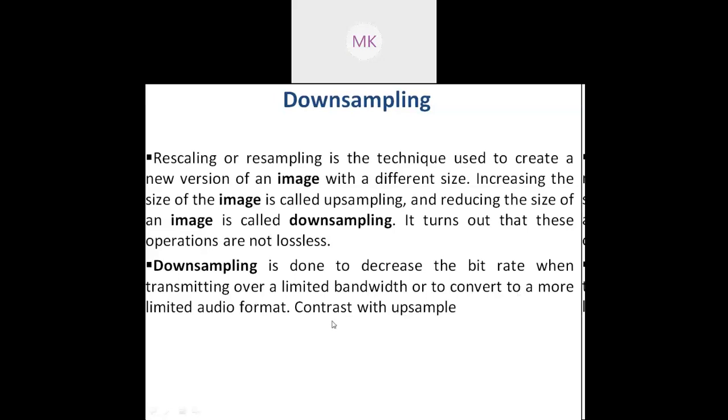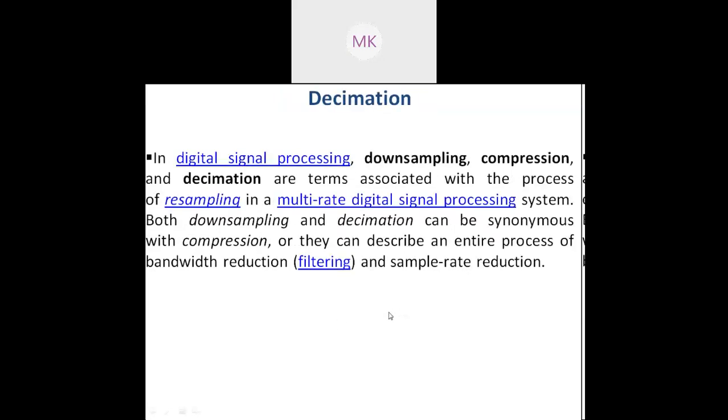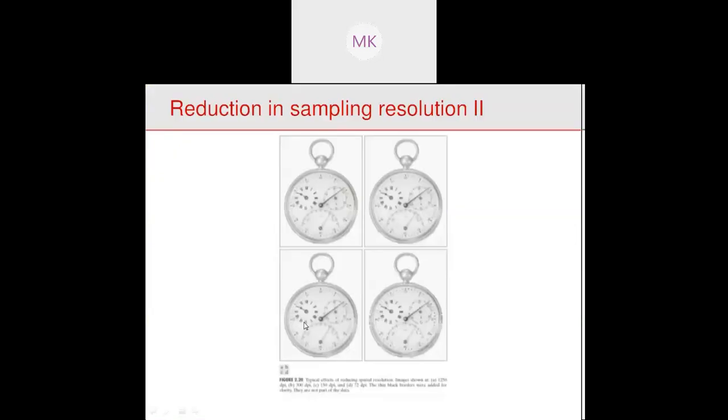It is in contrast with upsampling. Decimation is nothing but compression. Compression, decimation, downsampling: these are the terms associated with the process of resampling in a multi-rate digital signal processing system. All these are examples of reduction in sampling resolution.